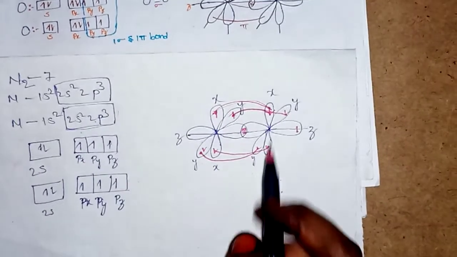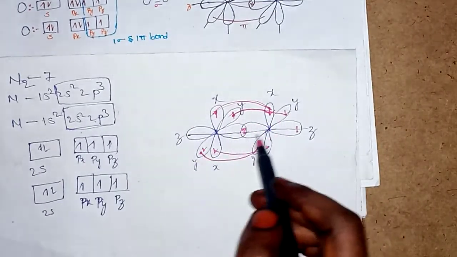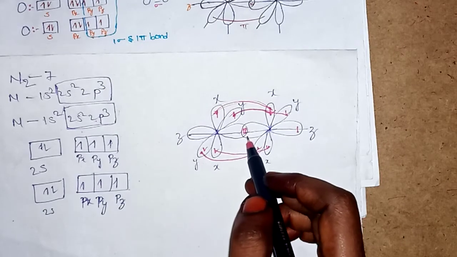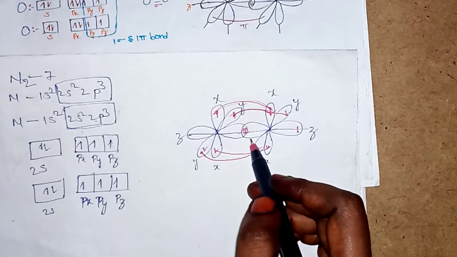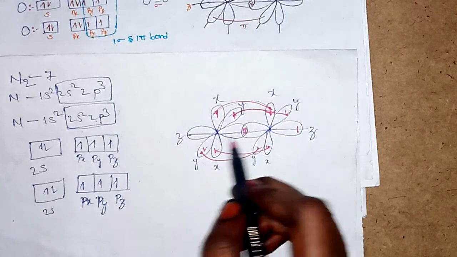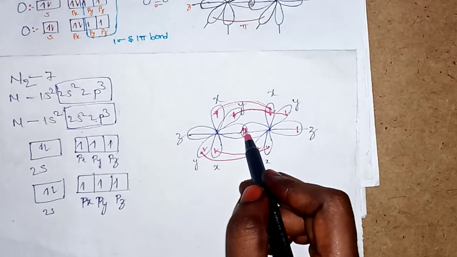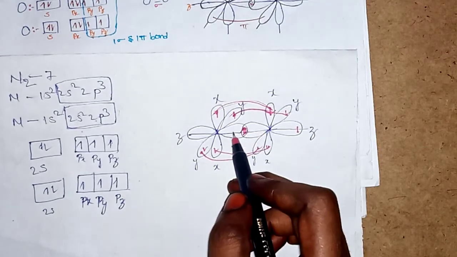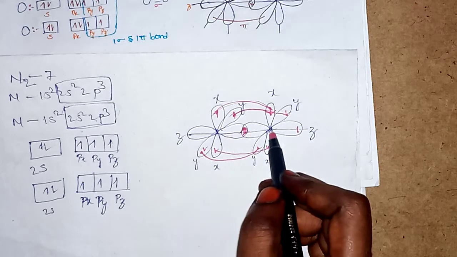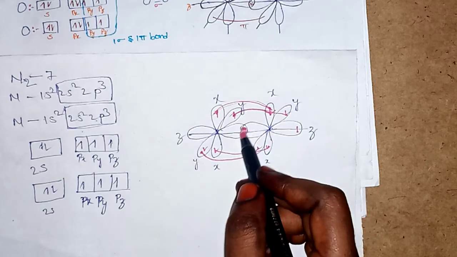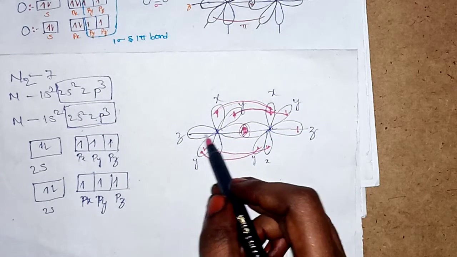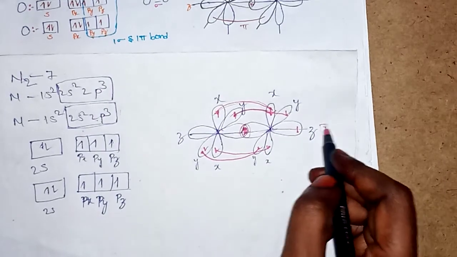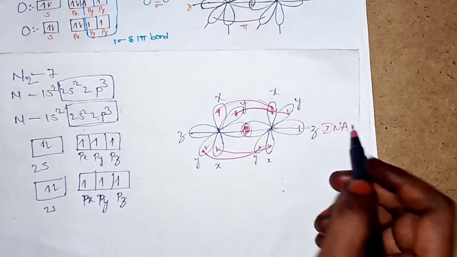So what types of bonds will form? Please find it here. What are the rules of sigma bond and pi bond? So here we can get a sigma bond. Why? Because only two lobes are involved here, and one overlapping zone should form on the axis. This is the INA.